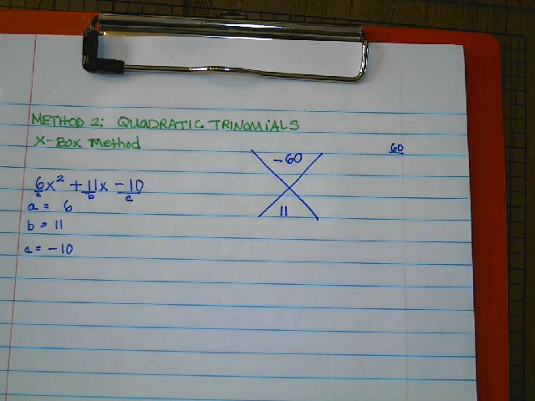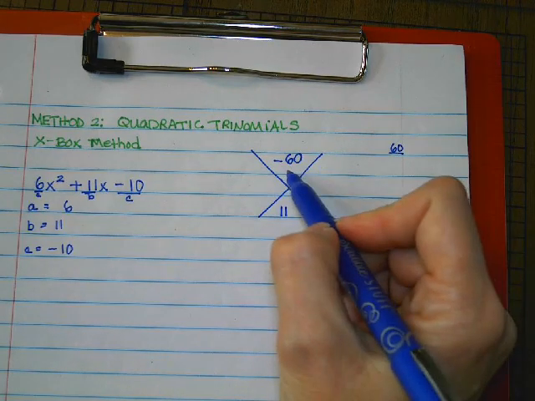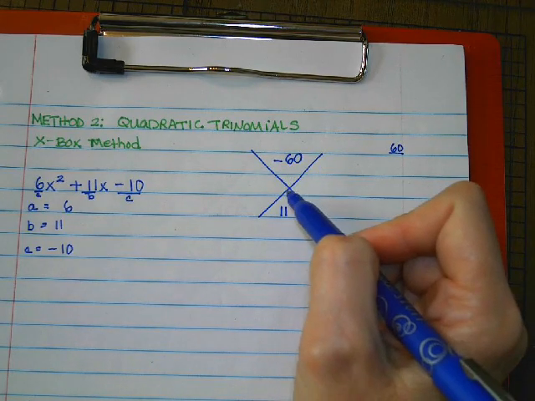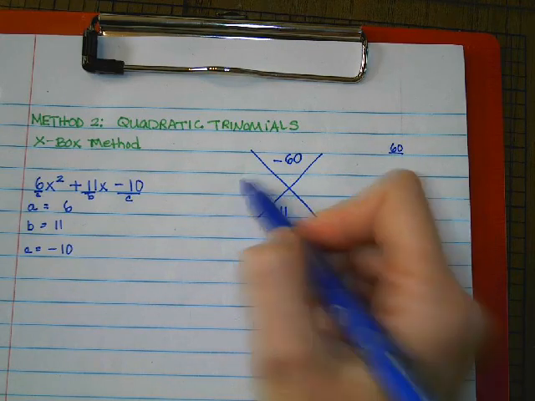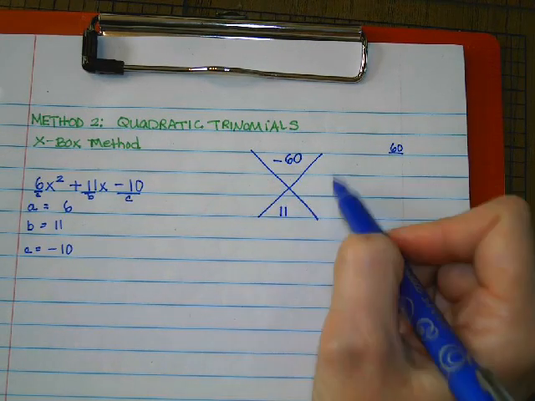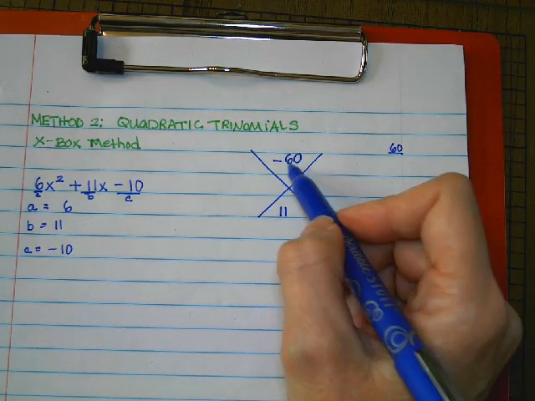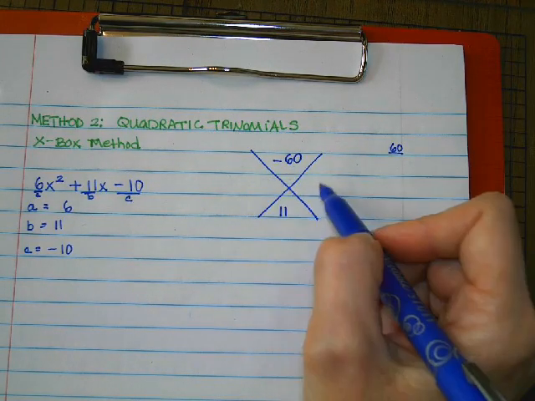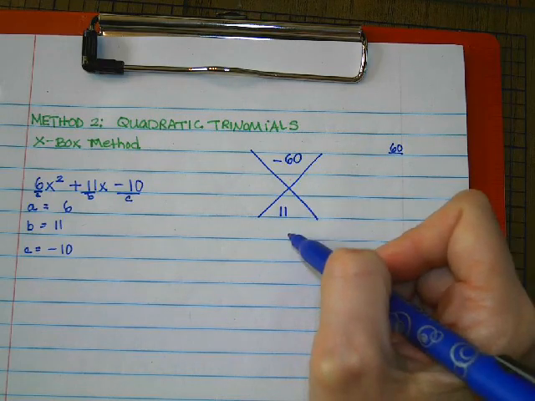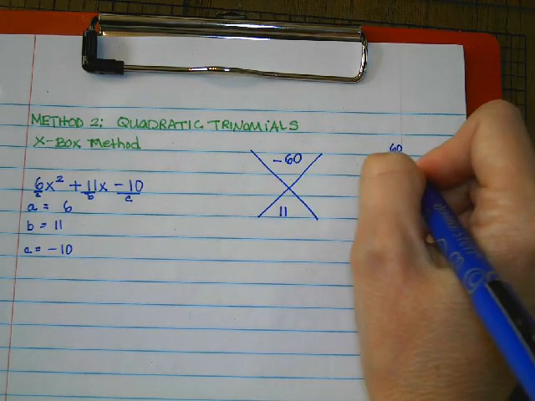So let's take a moment and think about that. When our A times C value is negative, that means one of our factors on this side or this side has to be positive and the other has to be negative, because a negative times a positive is negative, but we can add a positive and a negative together and still get a positive value. So let's look at our factors of 60.